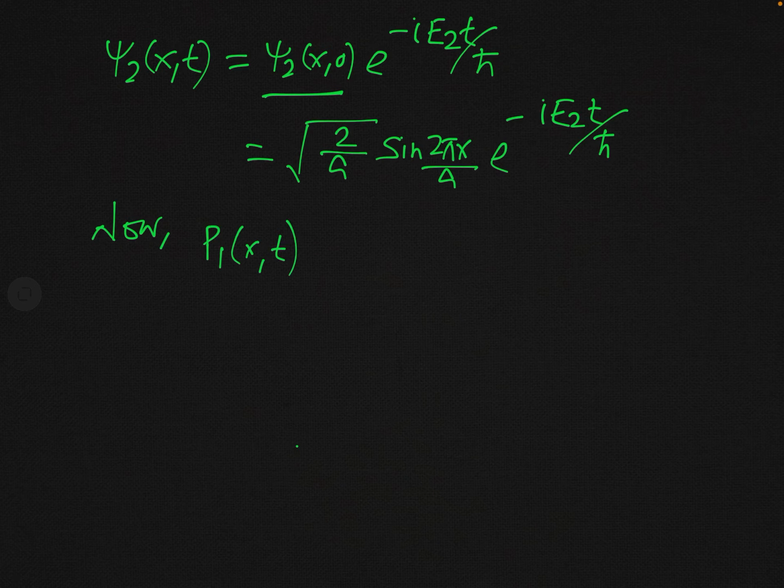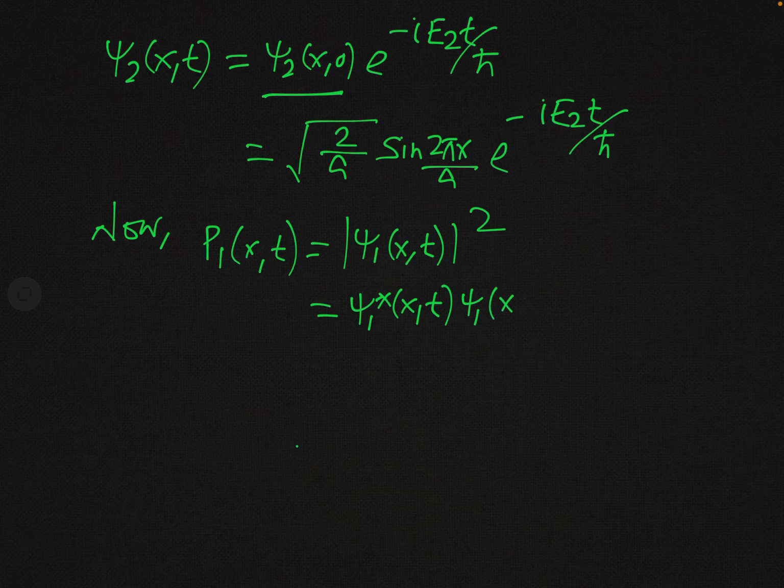If this probability density is p1 of x,t, then this will be simply equal to mod of psi1 of x,t square, and this is psi1 star of x,t times psi1 of x,t. But you can see that psi1 of x,t is real, so its complex conjugate psi1 star of x,t will remain the same.